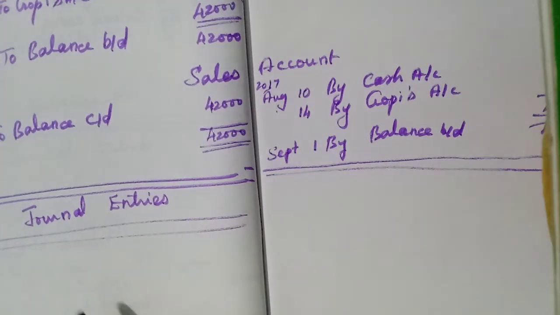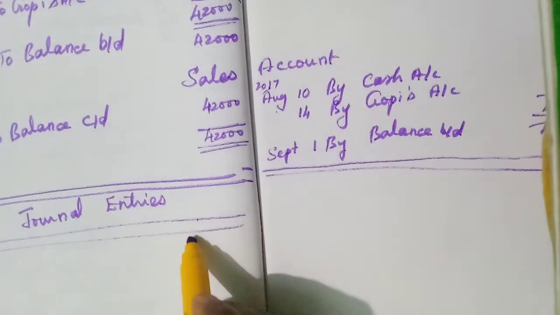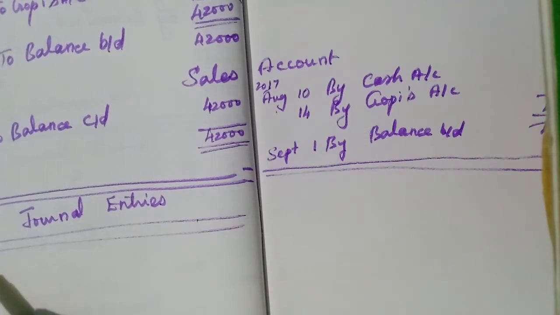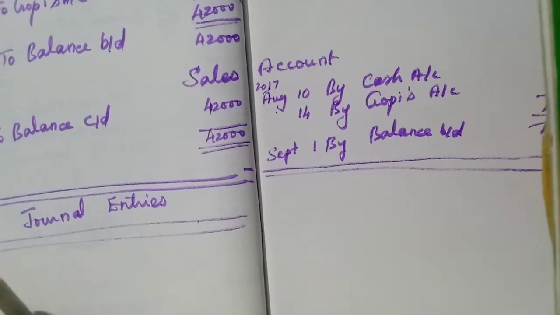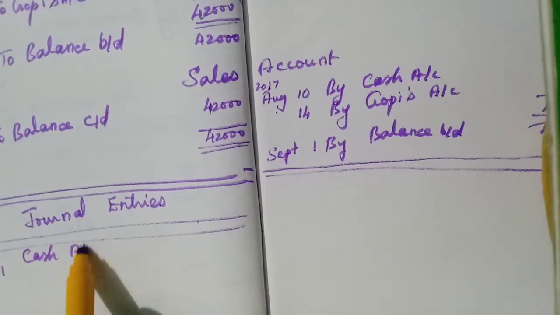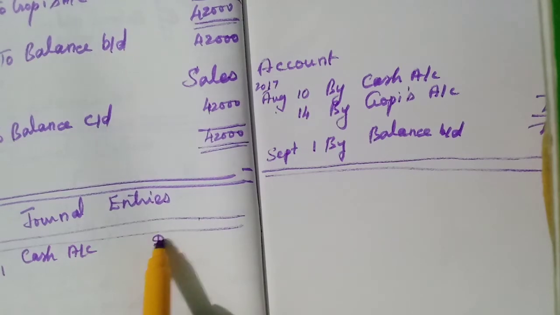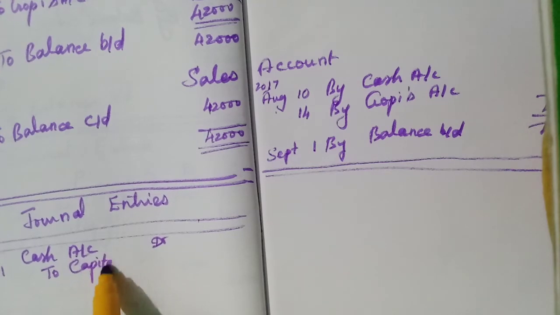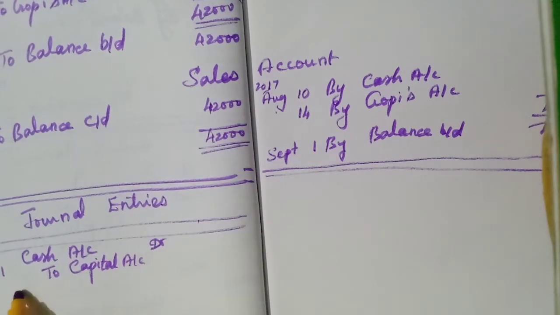Draw the lines. Then you write started business with cash. First write the date, 2017 October 1. Cash account debtor to capital. Started business.